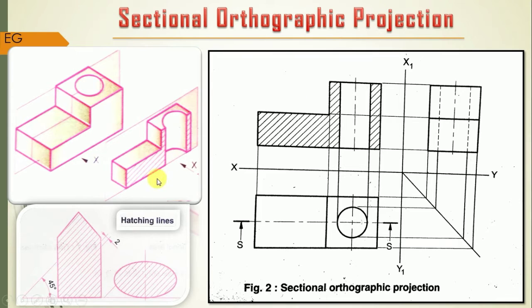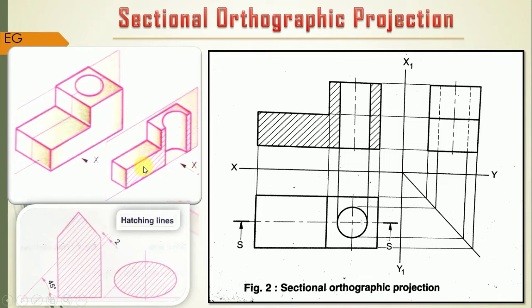Over here, consider this L block is made up of wood. It is actually a wooden block. We are going to cut this wooden block by means of a cutting plane, and for that cutting plane we are using a wood cutter. So by means of that wood cutter, we cut the object centrally.